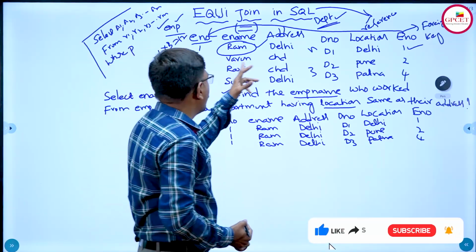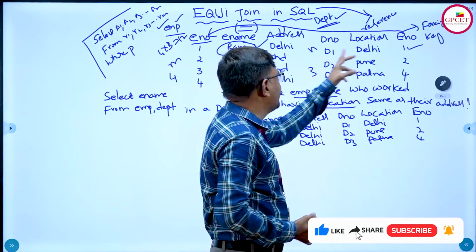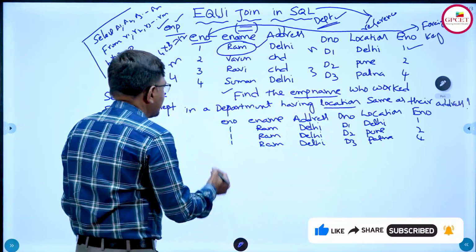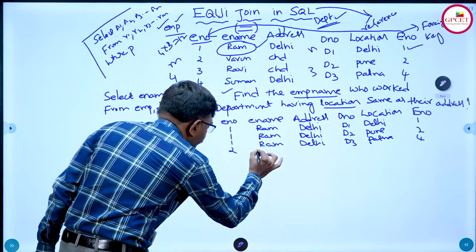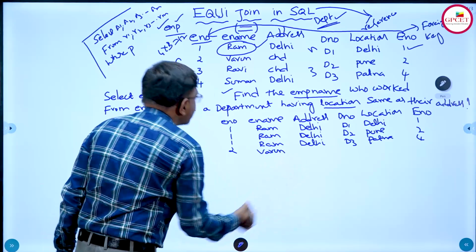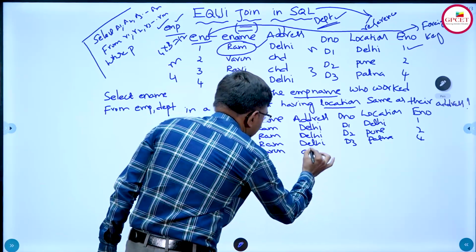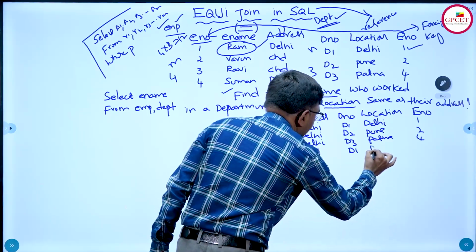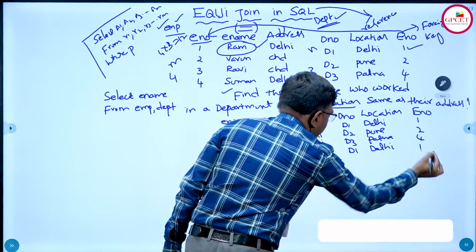Second record. Second, Varun Chandigarh, multiplied 3 times: D1 Delhi 1, D2 Pune 2, D3 Patna 4. That is the second Varun. Second Varun Chandigarh multiplied by D1 Delhi 1.